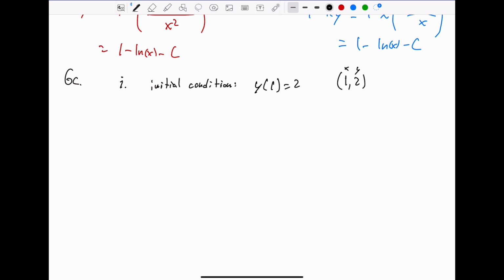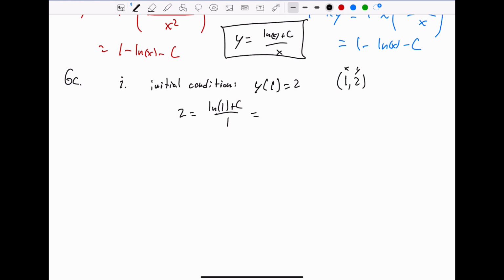So the general solution, we'll just write it right here. General solution is y equals natural log of x plus c over x. There's the general solution, and we are going to plug in these specific values for x and y to solve for c. So y equals 2, x equals 1. Natural log of 1 is 0, and then we're dividing by 1, so we can just ignore that 1 in the denominator.